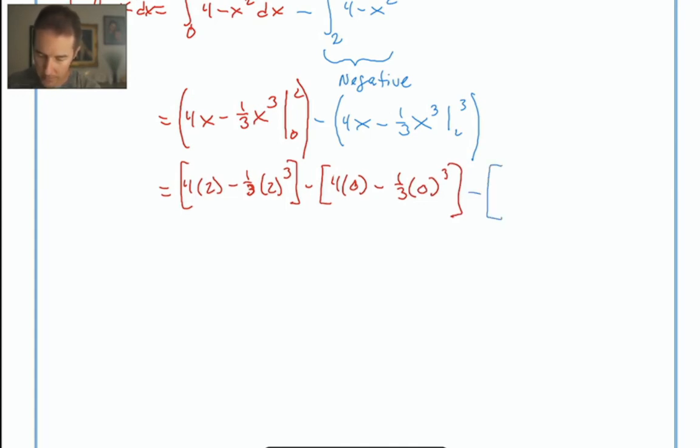Minus 4 times 3 minus 1/3 times 3 to the third, minus 4 times 2. Is that going to fit? It's not. I've run out of space.